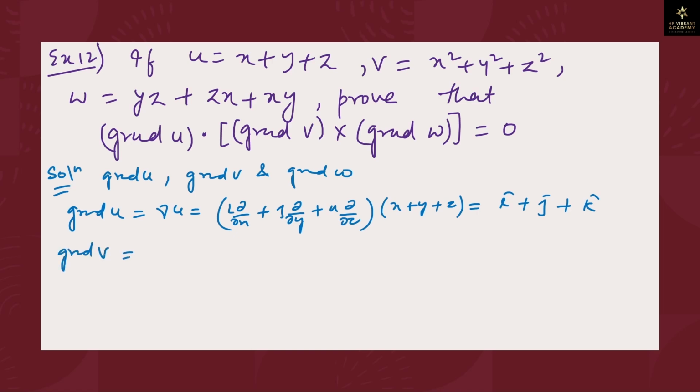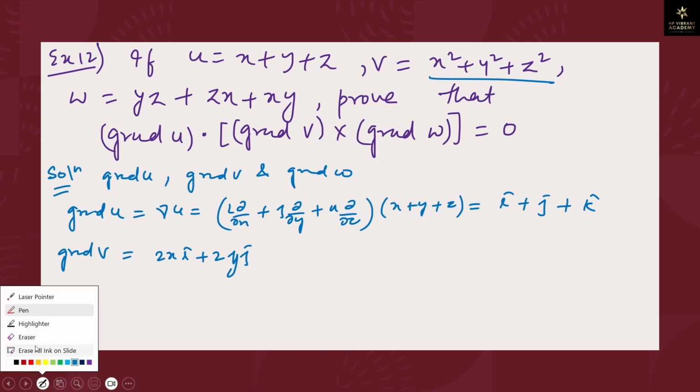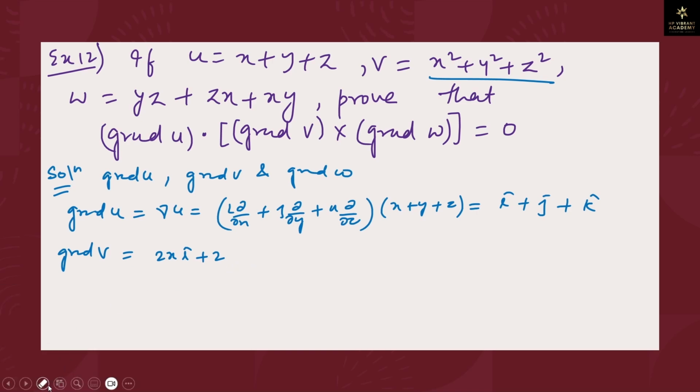Similarly, gradient of v will be 2x i cap plus 2y j cap plus 2z k cap.